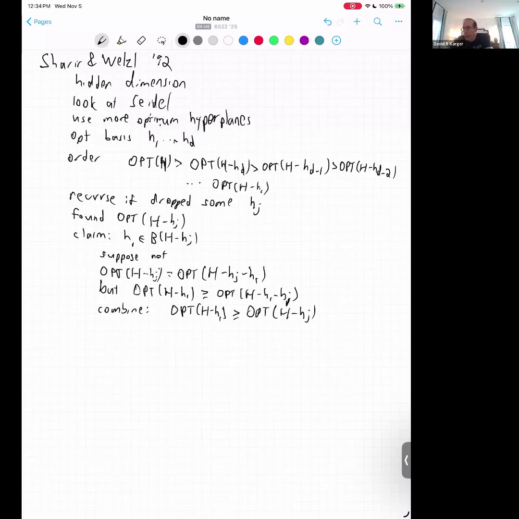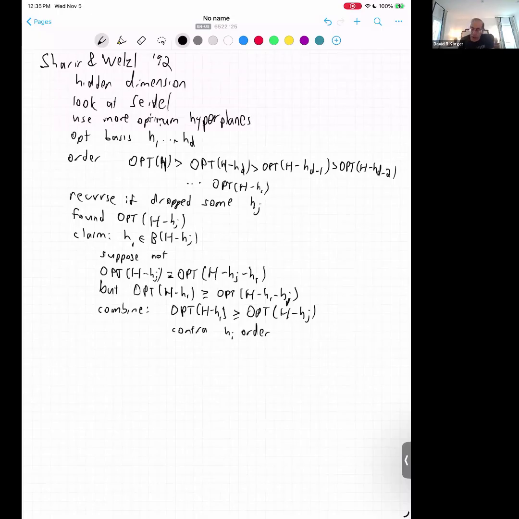Because we know that the opt of h minus h1 is bigger than the opt where you've taken away both, but we also know that the opt where you've taken away both is the same as the opt when you just take away hj. But this is contradicting the ordering of the h's, because h1 is the h that drops you the most when you take it away. So I made the argument about h1, but it applies to any hyperplane that precedes hj in the ordering.